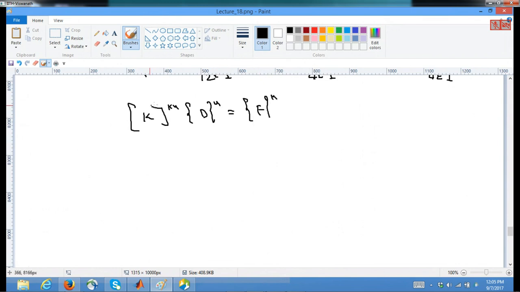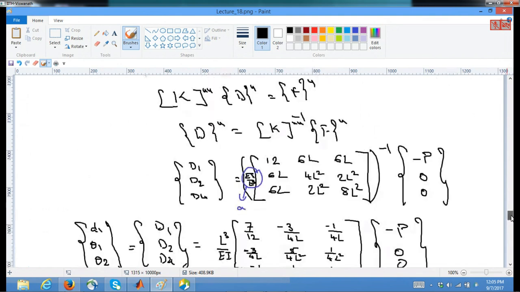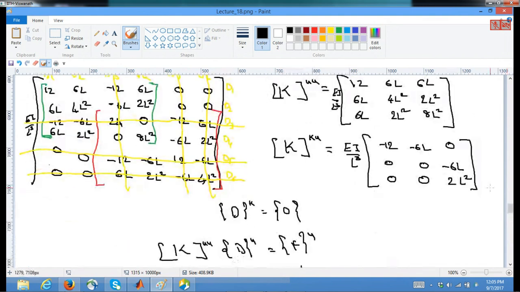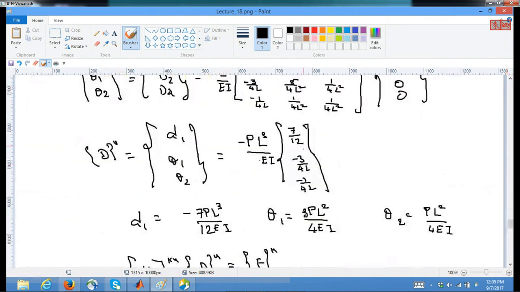So just use the above KUU and multiply this vector du, you'll get the reaction forces, which would be the vertical reaction force at the second node and the vertical reaction force at the third node, and the rotation movement at the third node. So I will just leave it for an exercise because it's a simple multiplication.